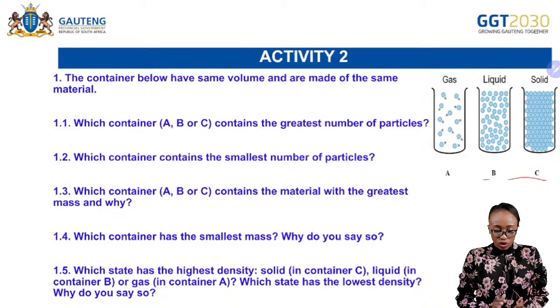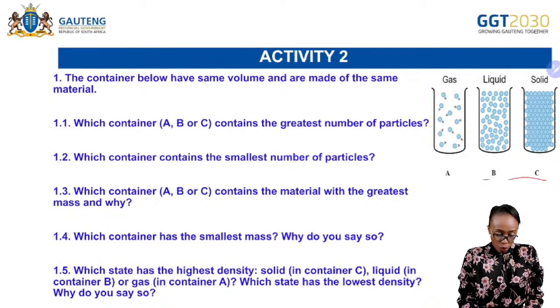Which container, A, B, or C, contains the greatest number of particles? Which container contains the smallest number of particles? Which container, A, B, or C, contains the material with the greatest mass and why?